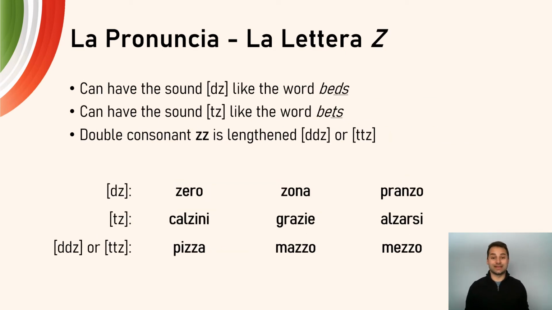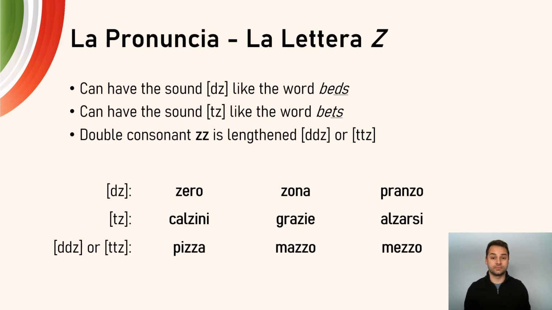La lettera Z, the letter Z. Now this can have two variations. It could either sound like a DZ, like for example in English when we say the word beds, it sounds like a D in front of the letter Z. Or we could have it sounding like when we have a TZ. For example, bets.